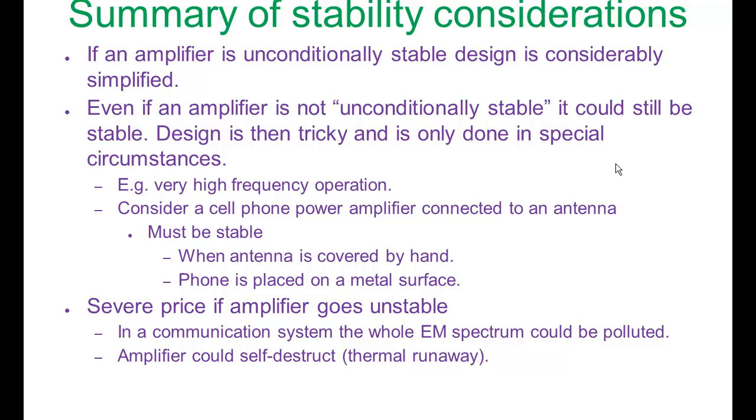So let's summarize where we've been. If an amplifier is unconditionally stable, design is considerably simplified. Even if an amplifier is not unconditionally stable, it could still be stable. Design is then tricky and is only done in special circumstances. So we saw with our transistor and the design we want to do at 8 gigahertz that it is unconditionally stable at 8 gigahertz.